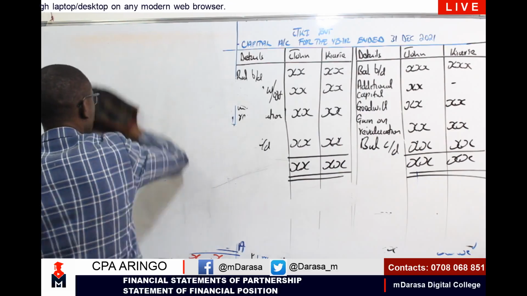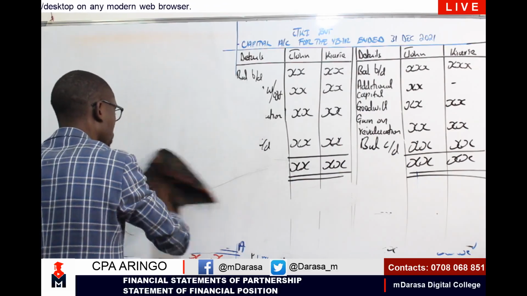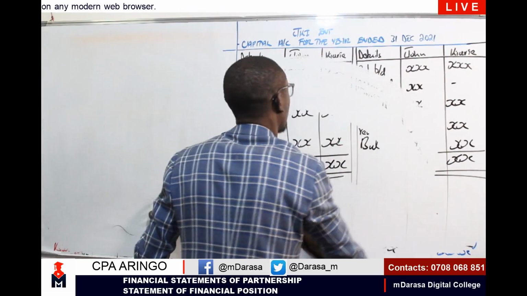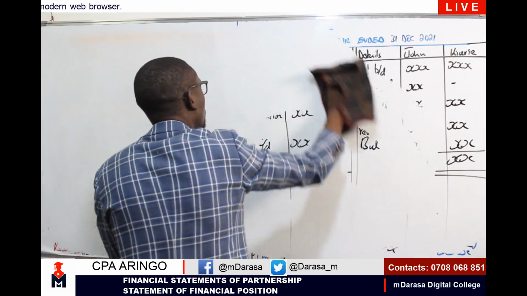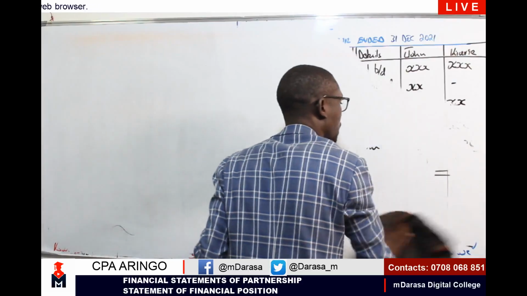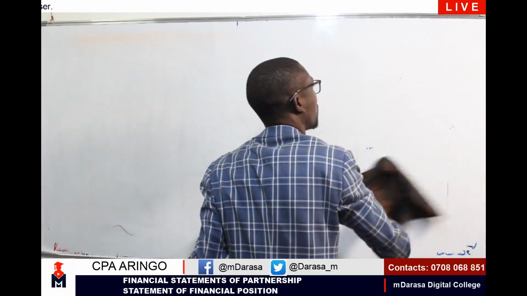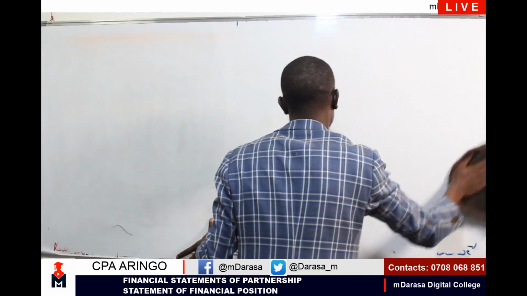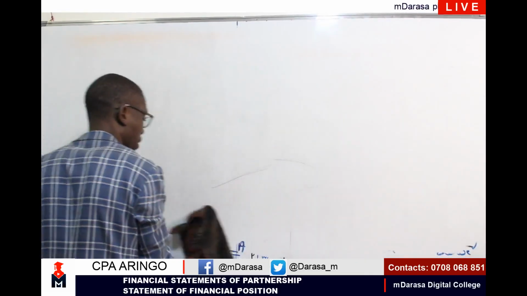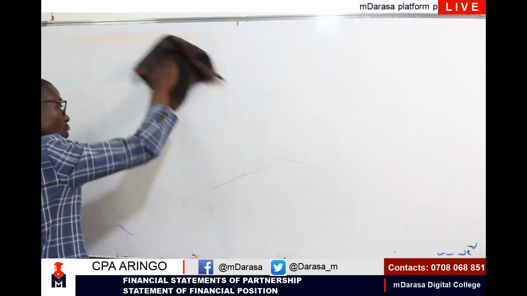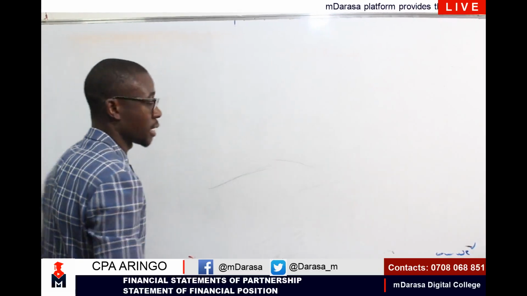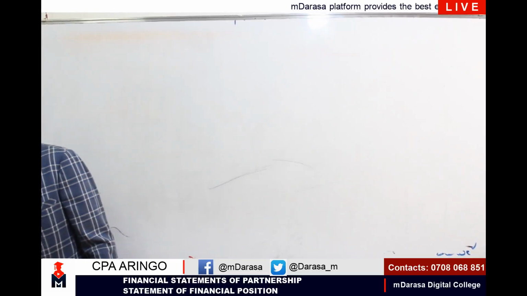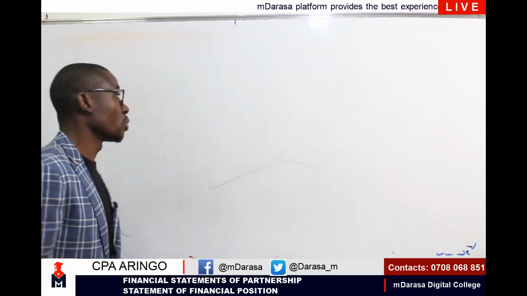Once you understand these simple steps, working out partnership questions will be very easy and understandable. So take a seat, relax, concentrate, and understand the concept. We should be looking at a format.